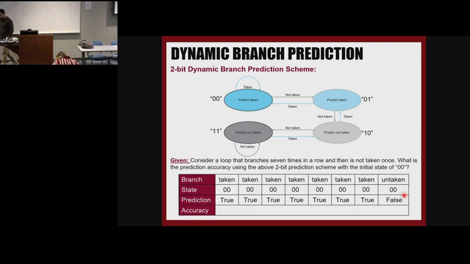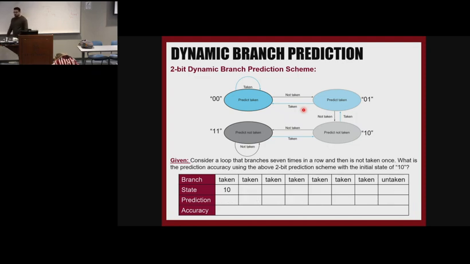So what would be the next state if we had more steps? Can you tell me what would be the next state? Sam, go ahead. Would it be 0, 1? It would be 0, 1, right? Because we're at 0, 0, we made a mistake, now the state is going to change to 0, 1. What is the accuracy here? 7 divided by 8, 87.5%.